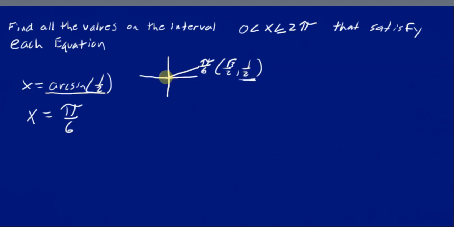If I come over here to the second quadrant with a reference angle of pi over 6, it has the coordinates of negative √3/2, positive 1/2. So that would be 5 pi over 6, is also an angle between 0 and 2 pi that satisfies this equation.